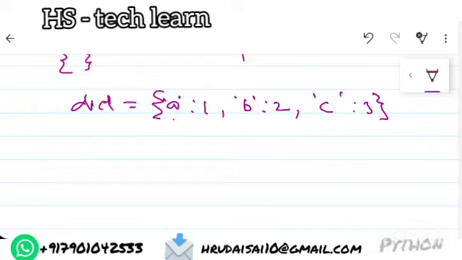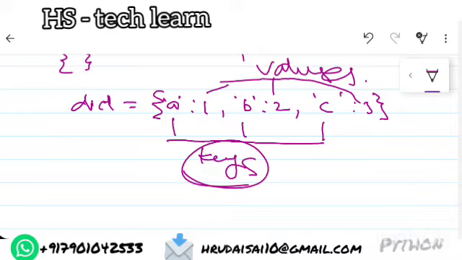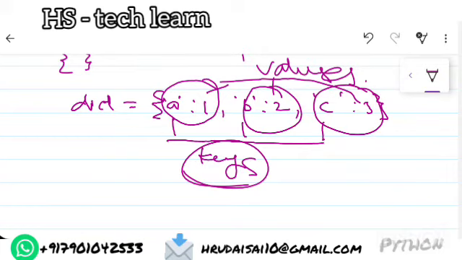Here these values are called keys simply, and these values are called values. Okay, here this is one element, this is one element, and this is another element. Here the length of the dictionary is 3, that is it contains 3 elements.